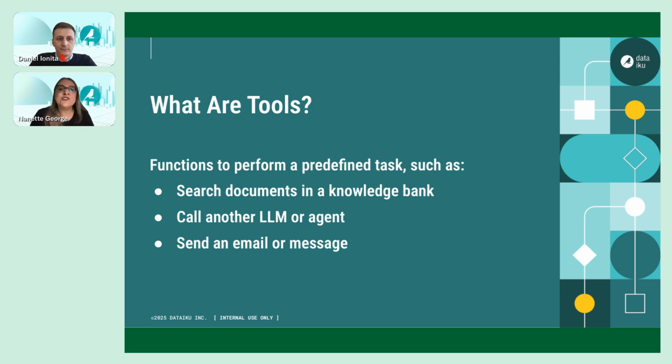Tools in the agent toolbox can perform functions like search documents in a knowledge bank, call another LLM or agent, or maybe send an email or message. There are tools that are pre-built in Dataiku, such as the ones I just mentioned, and then you can create your own tools in Dataiku based on your specific business requirements.